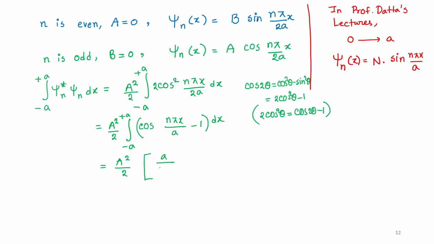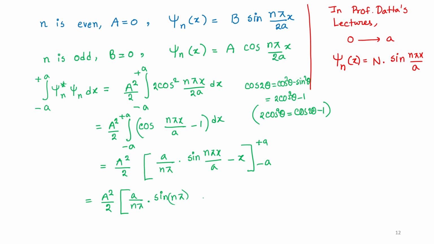It would be a by n pi into sin n pi x by a, minus x, integration of minus 1, with limits plus a to minus a, right? So let us see, a square by 2, a by n pi, first it would be sin n pi, right?